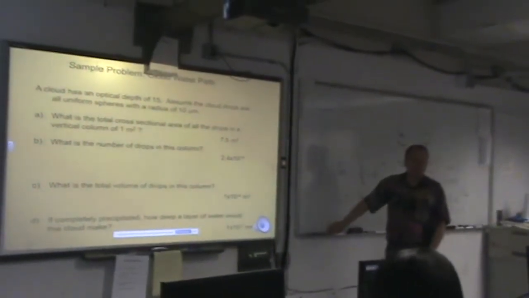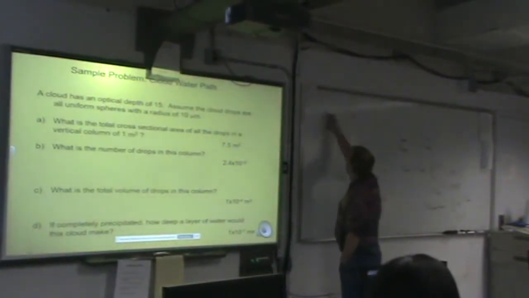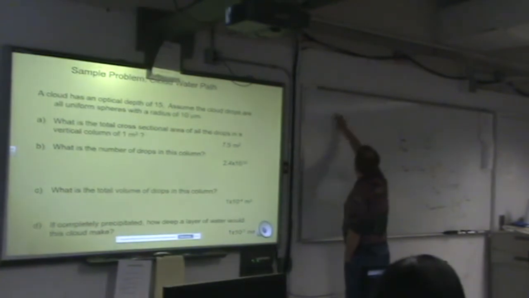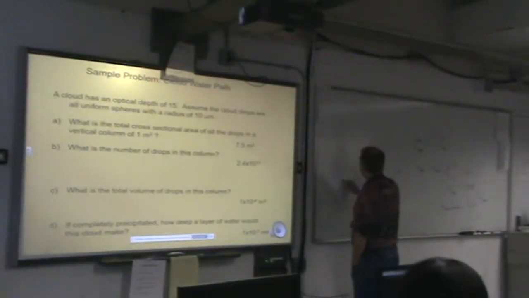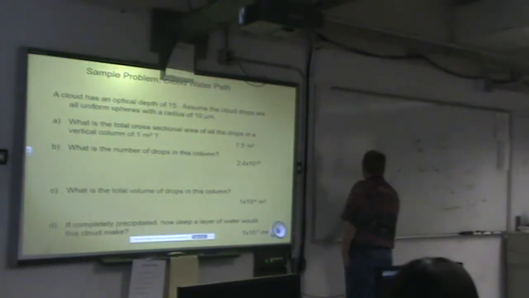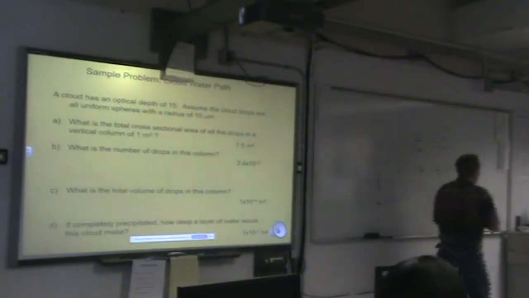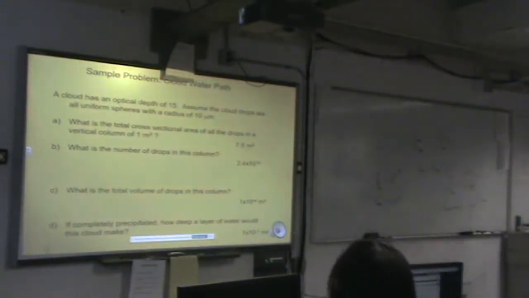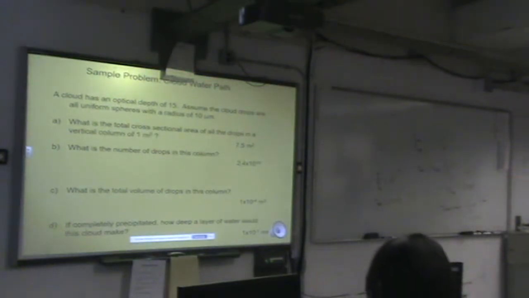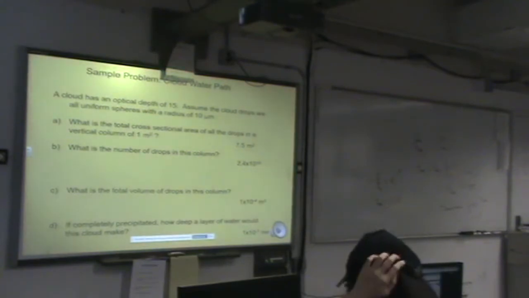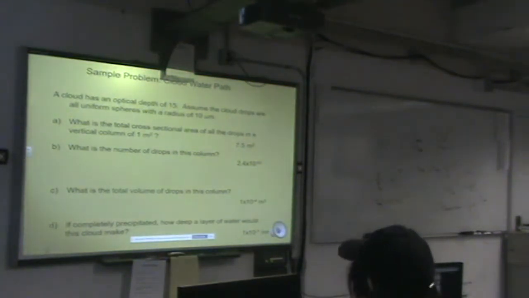This gives me time to start erasing. Not that easy. You can't do it in your heads. You're going to have to write down some equations and do some calculations.